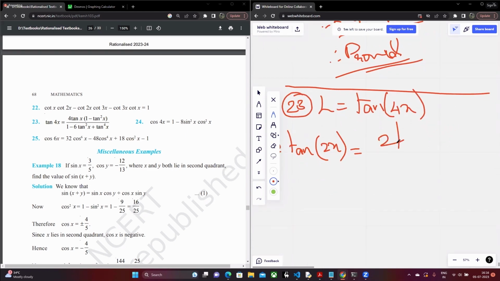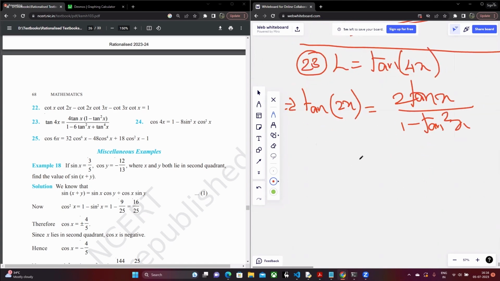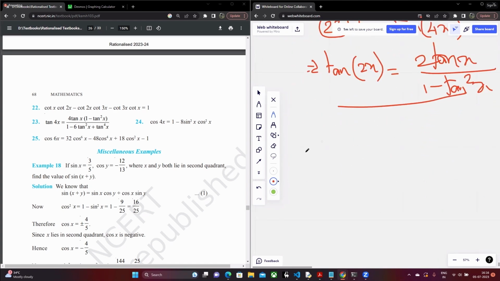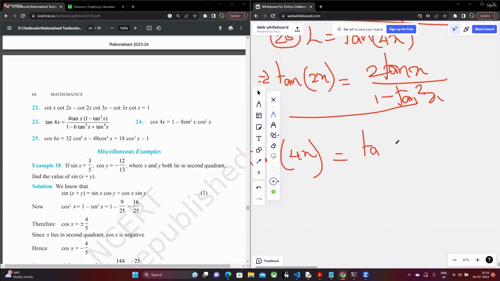Right? Tan 2x is basically 2 tan x divided by 1 minus tan squared x. Right? So tan of 4x can be written as tan of 2 into 2x, right?